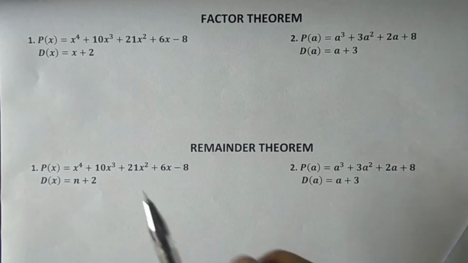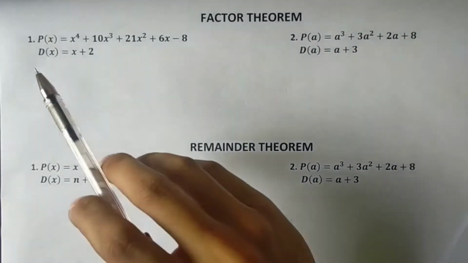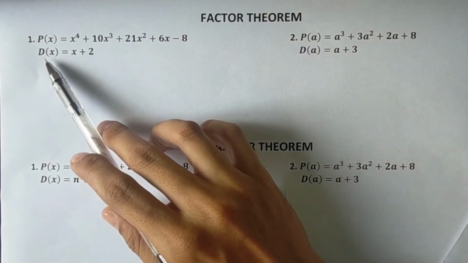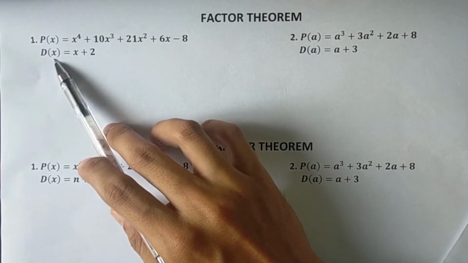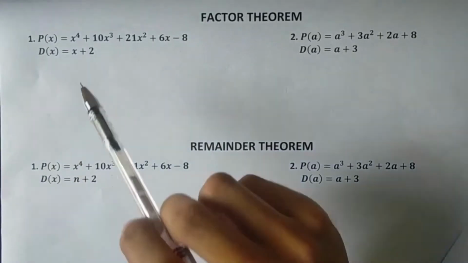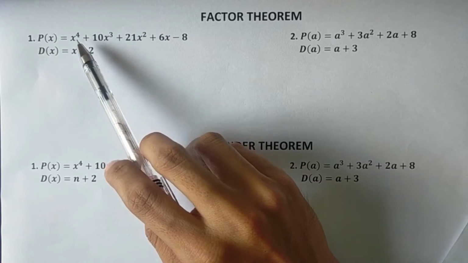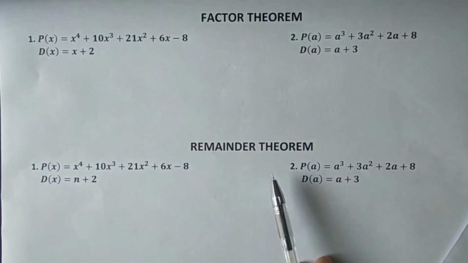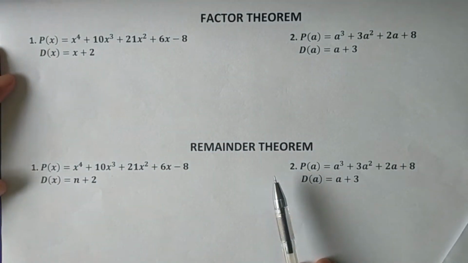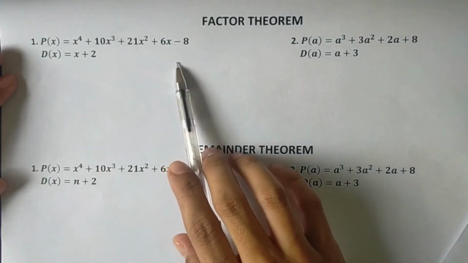Let us see, for instance, number 1. Let's identify if d of x, or x plus 2, is a factor of p of x, or x to the power 4 plus 10x cubed plus 21x squared plus 6x minus 8.